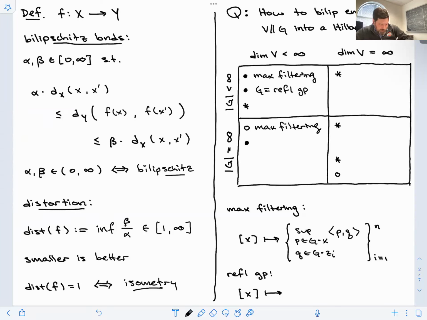When it comes to a reflection group, you can map your bracket x to the unique member of bracket x that resides in your favorite Weyl chamber. This ends up being bi-Lipschitz. In fact, this ends up being an isometry.